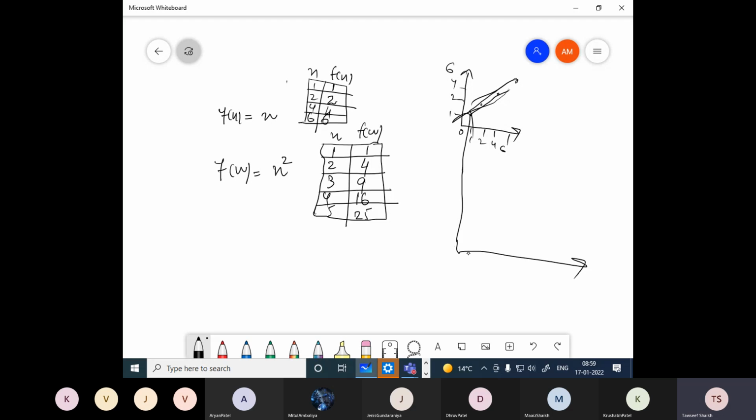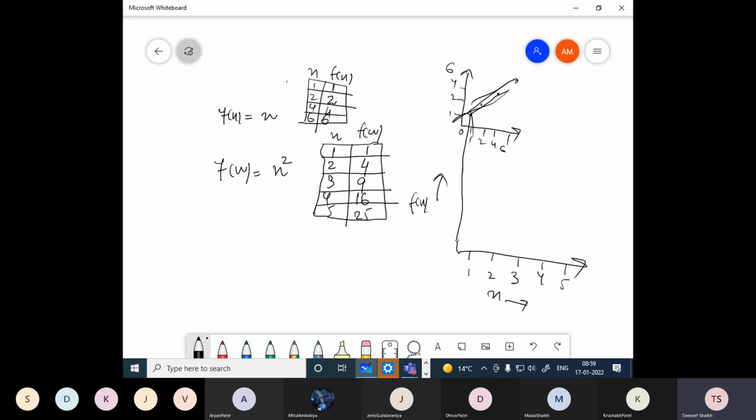If we draw the graph of this function also, whenever n takes values 1, 2, 3, 4, and 5, this is n in this direction of the graph, and in the vertical direction is f of n.